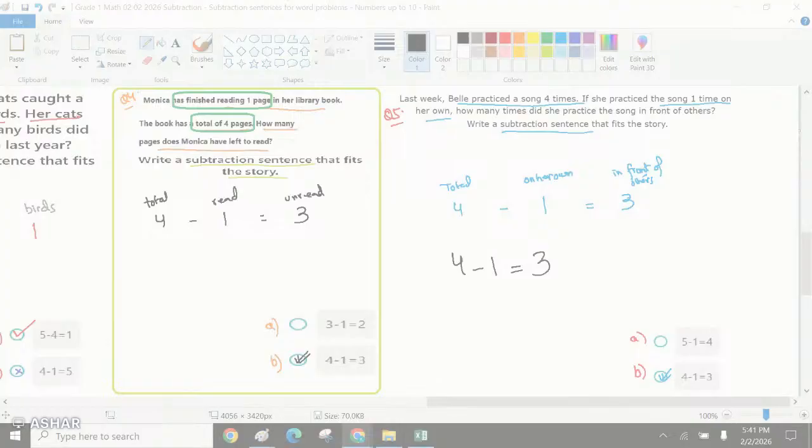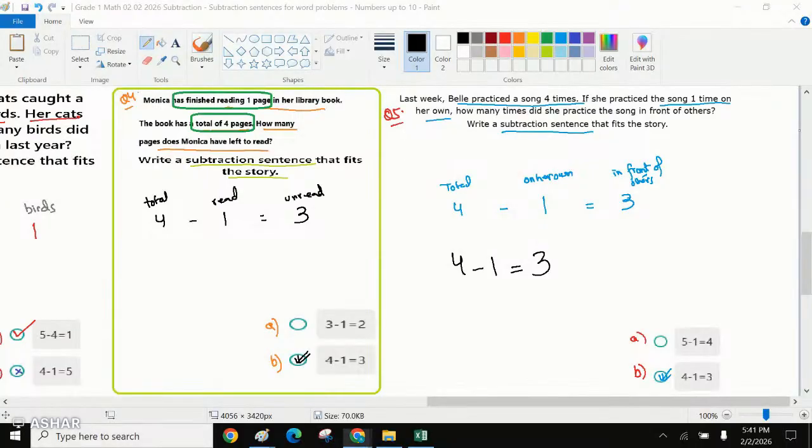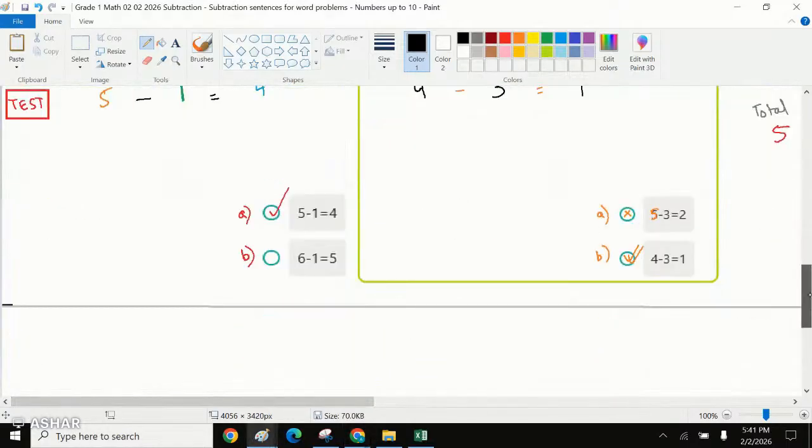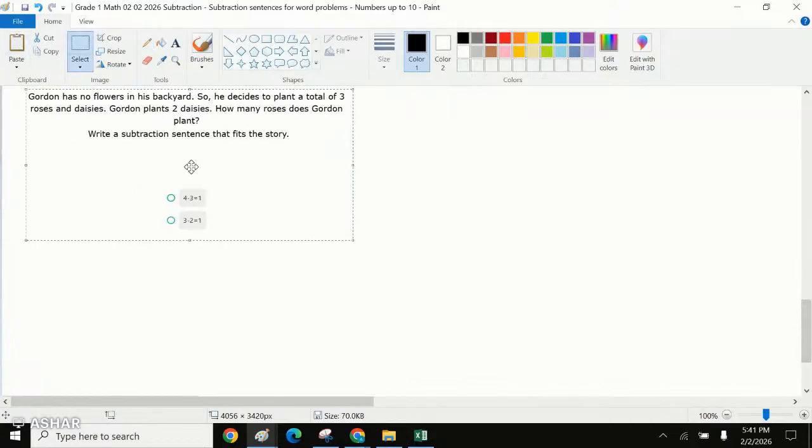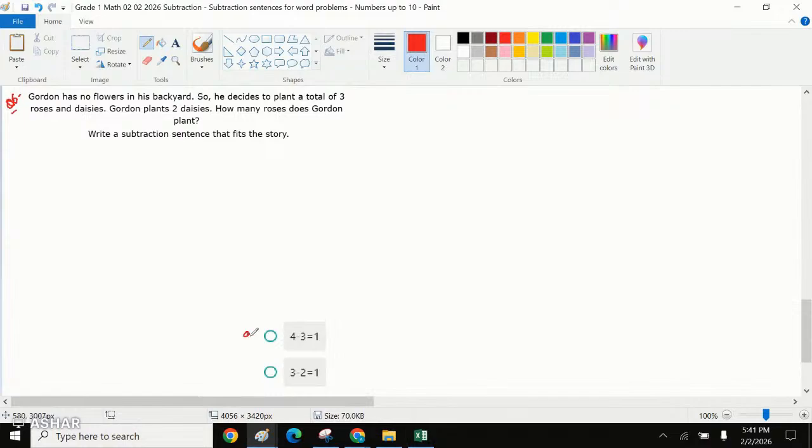Gordon has no flowers in his backyard, so he decides to plant a total of 3. Okay, let's see. For question number 6, these are the given options, option A and option B. Gordon has no flowers in the backyard and plants a total of 3 roses and daisies.